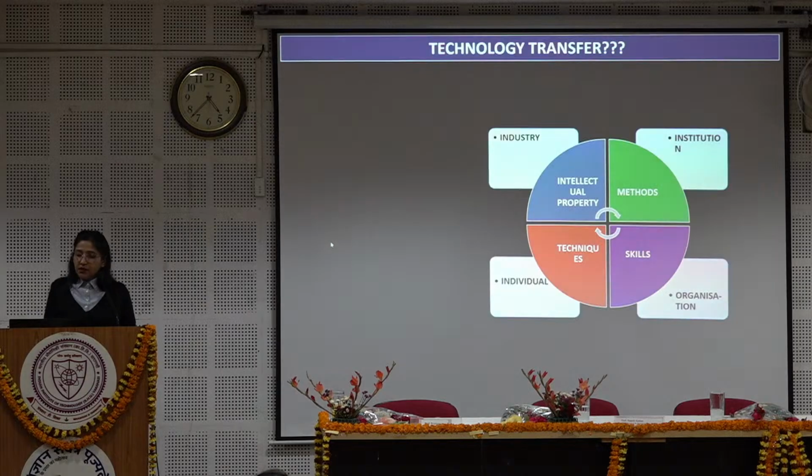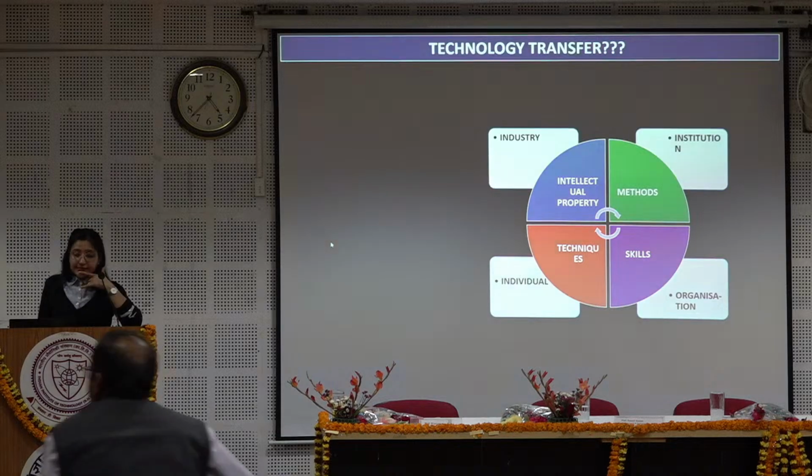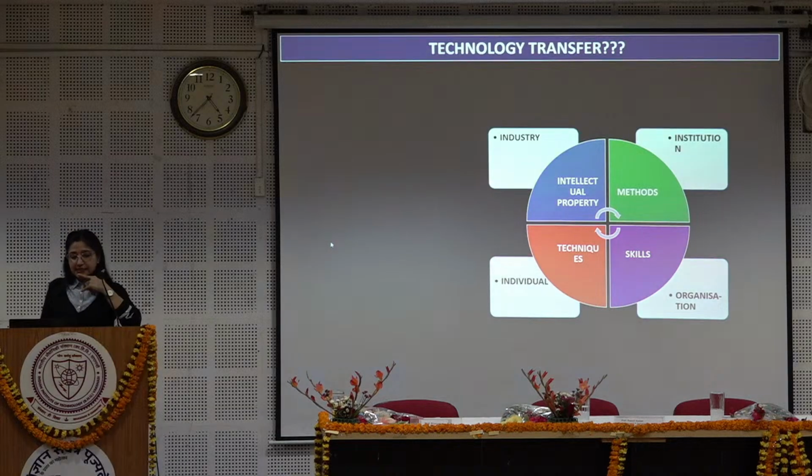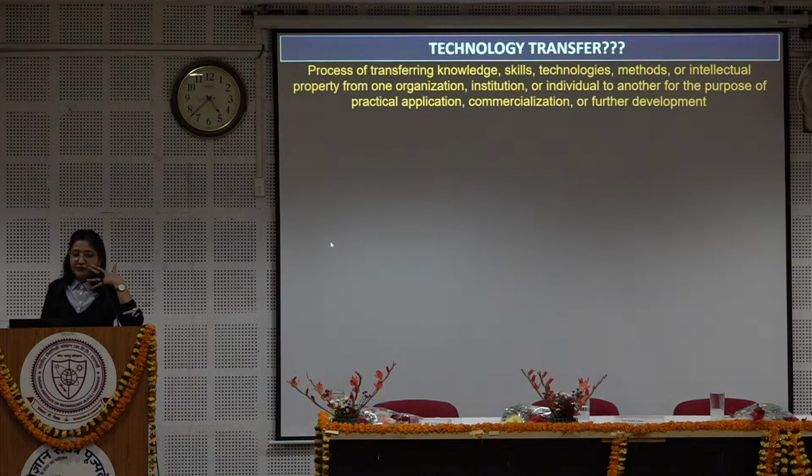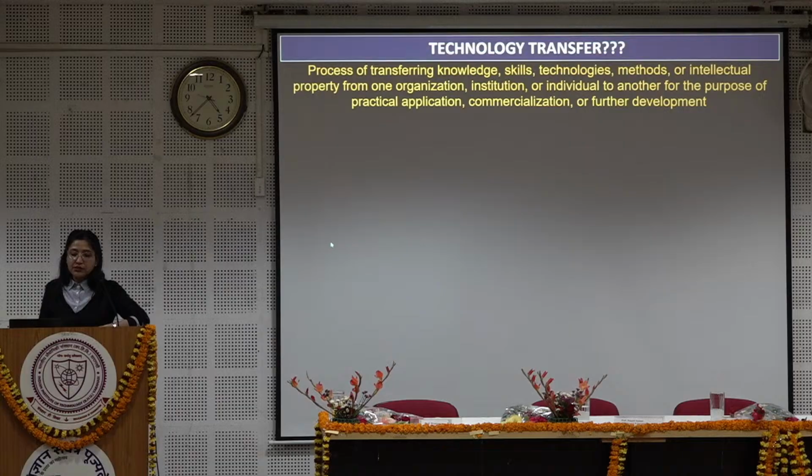So in intellectual property, you can have industry, institutions, individuals and organizations, and on the basis of their skills and the intellectual property or methods, you come into the commercialization level. In technology transfer, what we are doing is the process of transferring the knowledge, all the skills, the technology know-how of your invention, to the other person.